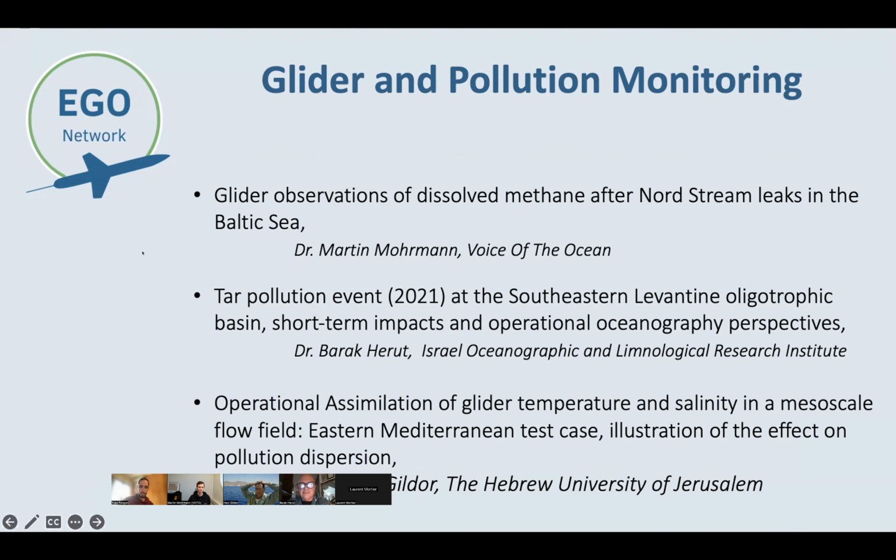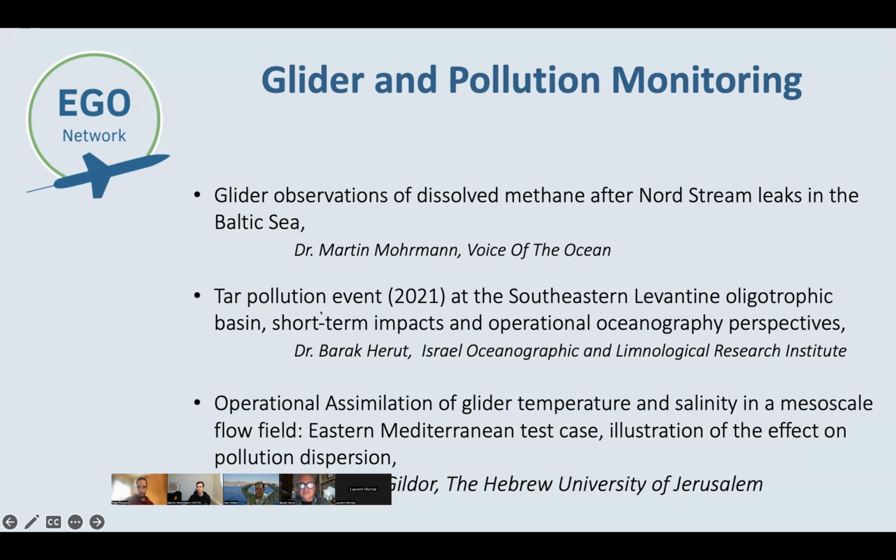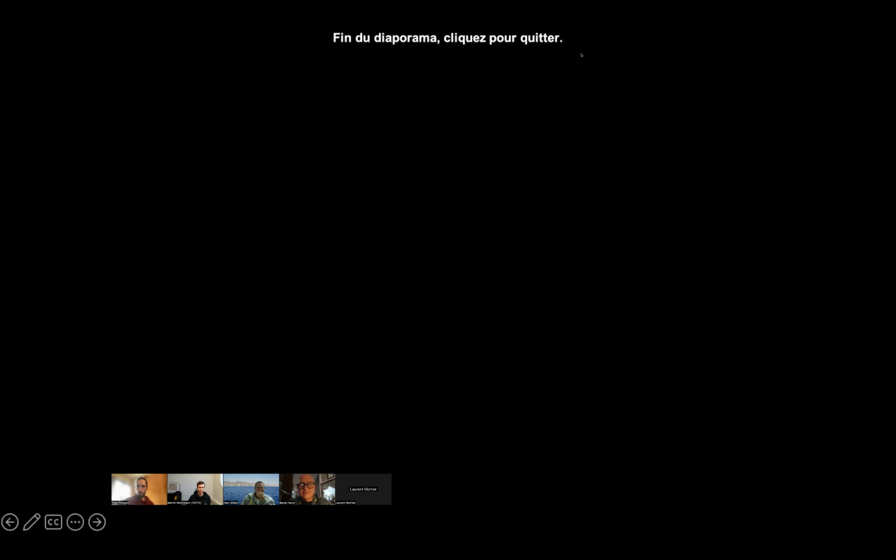And the final one is by Ezi Gildor from the Hebrew University of Jerusalem on operational assimilation of glider temperature and salinity in a mesoscale flow field, Eastern Mediterranean test case, illustration of the effect on pollution dispersion. So this should give us a nice overview of what can be done with the gliders to have some pollution monitoring of different types of pollution and different ways to do it. So that's all for me.